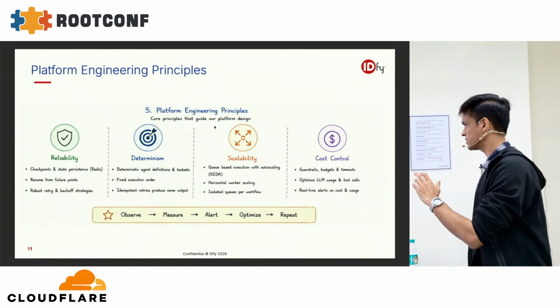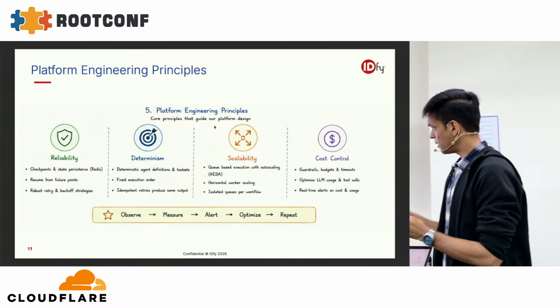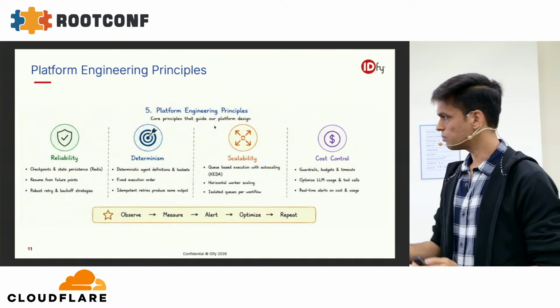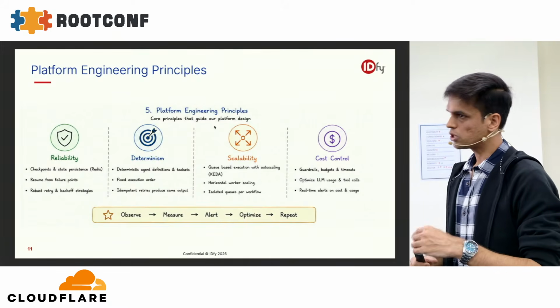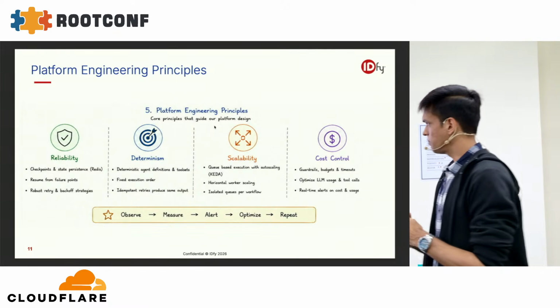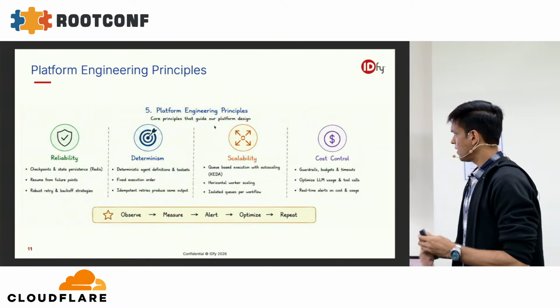Just to quickly summarize everything I've covered, the core principles that we abide by are, first, reliability. We have checkpoints and state persistence in Redis, which also allows us to resume from failure points, right? So we have implemented durable execution by doing this.